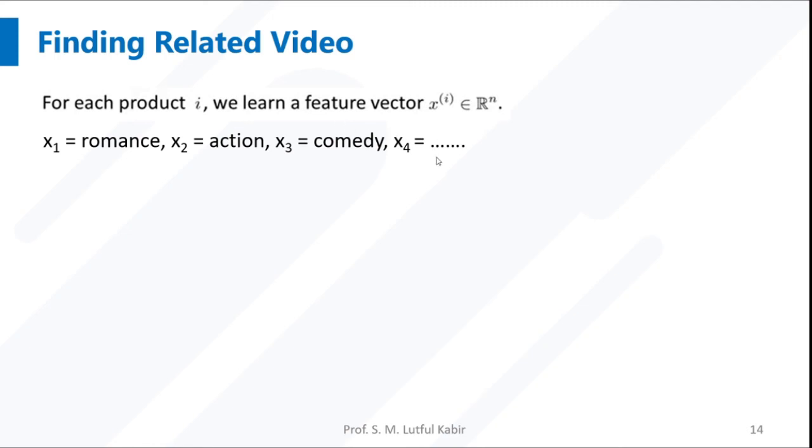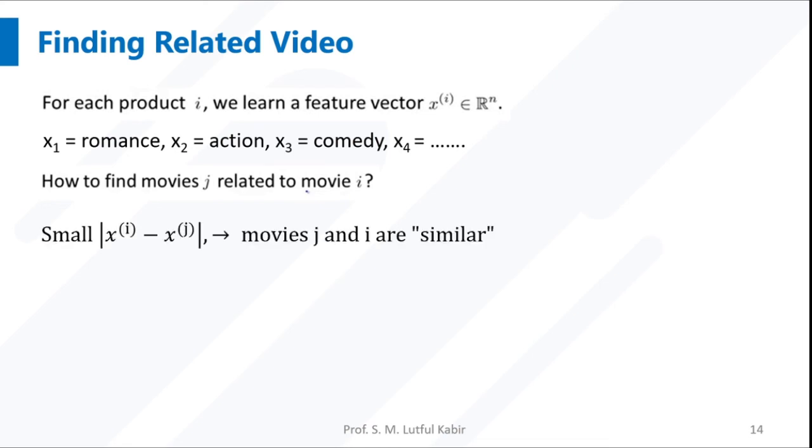If you learn all the features of all the movies, and someone is watching a certain movie, you can automatically predict the other movies that are close to the movie he was watching, so you can suggest that movie for him. So how do we find the movie j related to movie i? The technique is you determine the absolute value of xi minus xj. Movies j and i will be called similar if this value is very small.